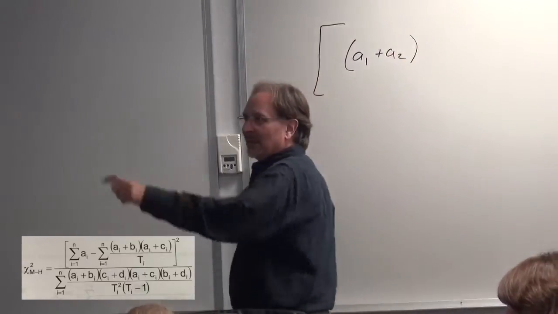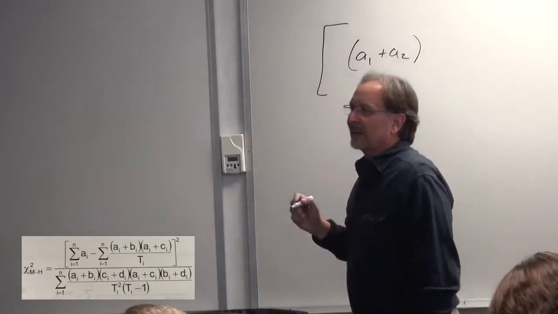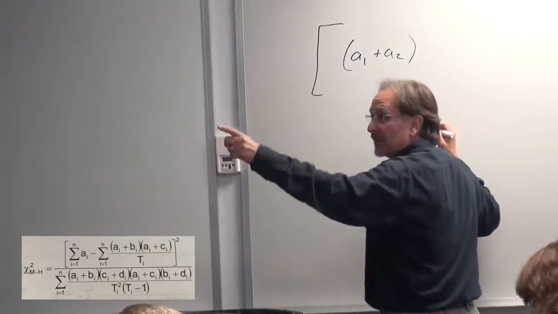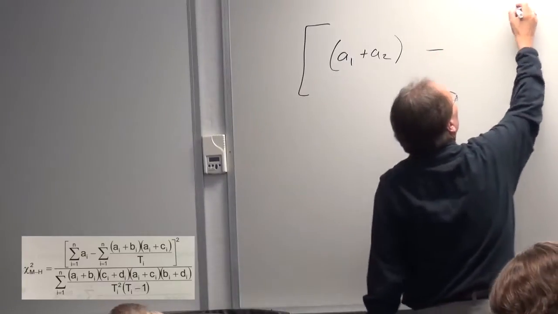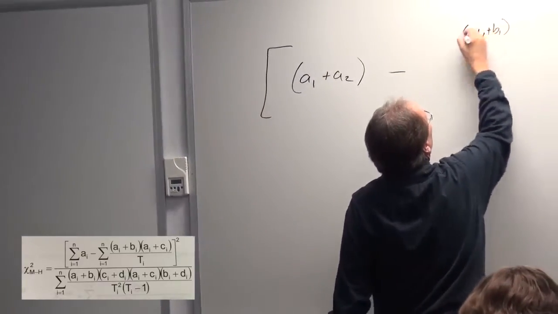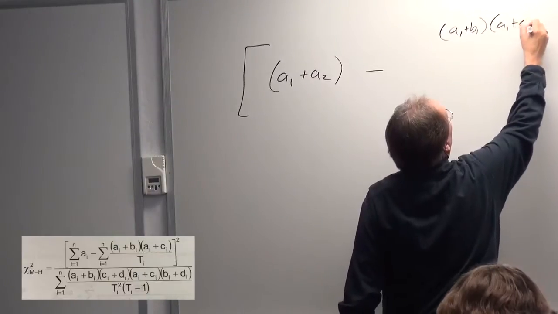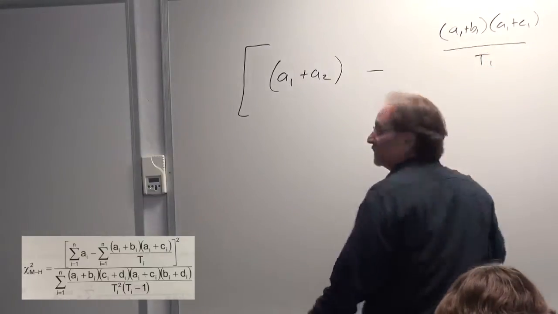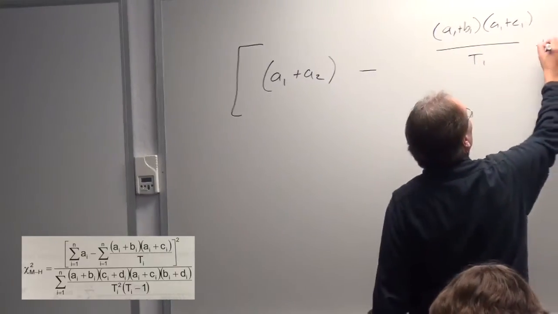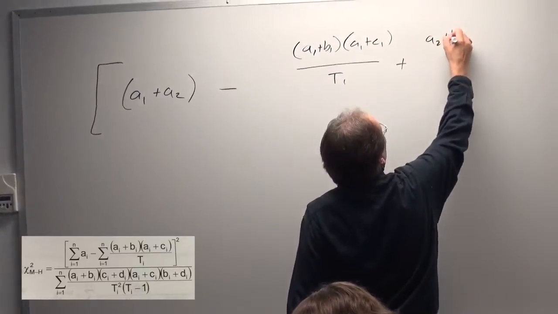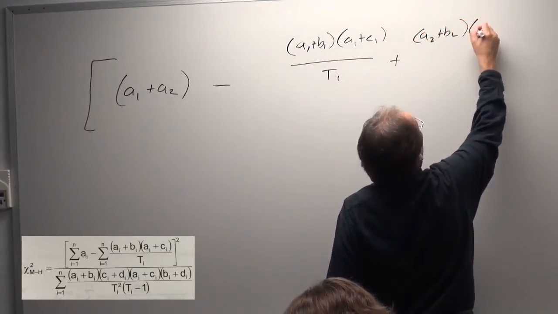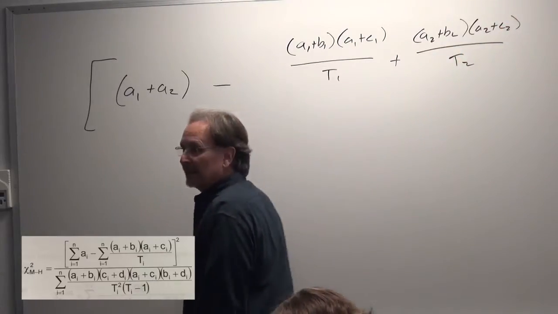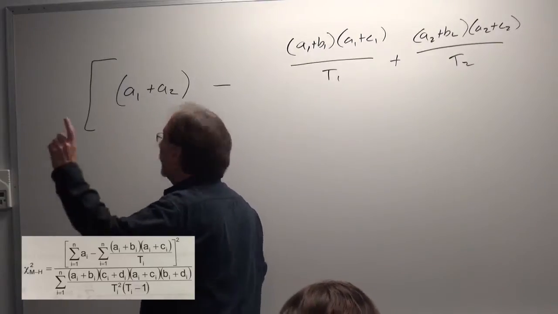The next is A1 plus B1 times A1 plus C1 over T1. And since that's inside the summation sign, now we do A2 plus B2 times A2 plus C2 over T2. And then we square the whole thing.